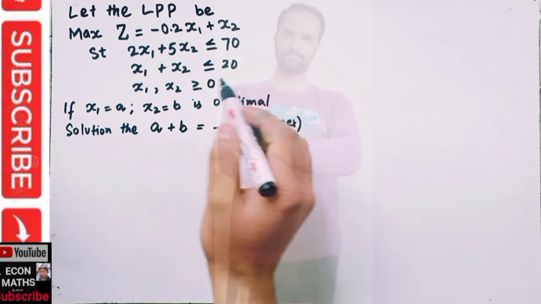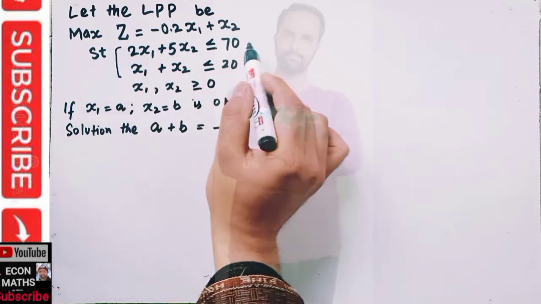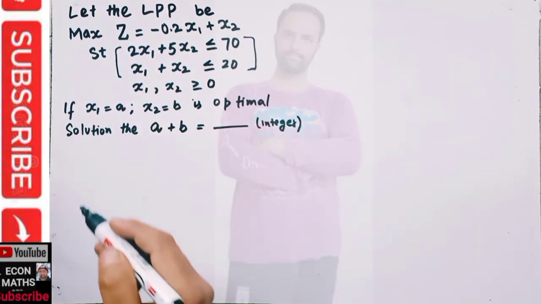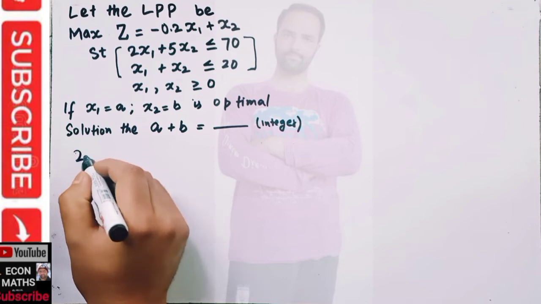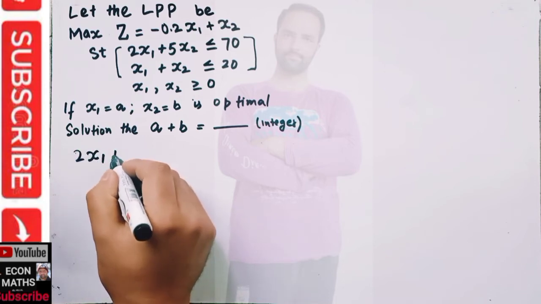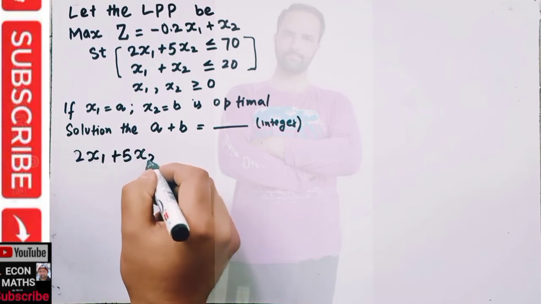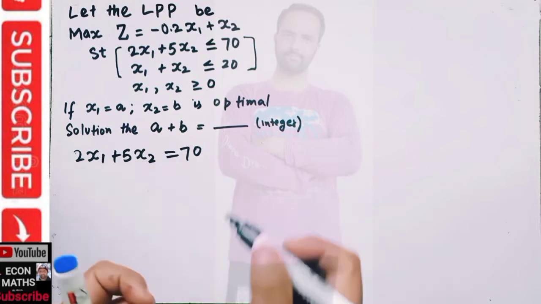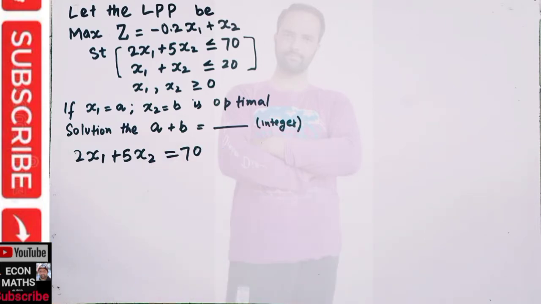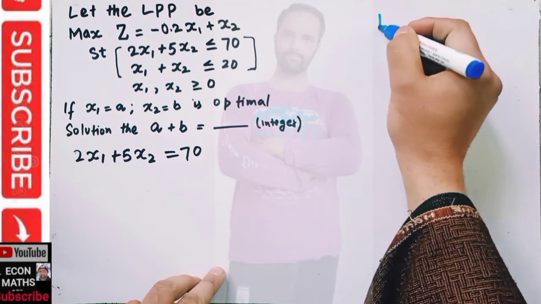So let's take these inequalities and change them into equalities. So we have 2x1 plus 5x2 is equal to 70. The first step is to change the inequalities into equalities. Now we will also graph this out.